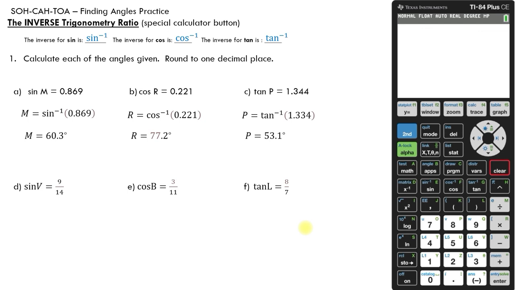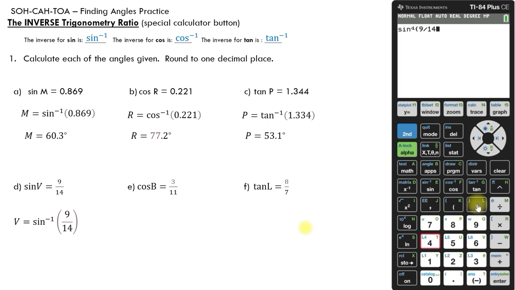Question D states that the sine of angle V equals 9/14. Therefore, the angle V will equal the inverse sine of 9/14. So press second function, click sine to bring up the inverse sine, and for this fraction, we'll put 9 divided by 14.